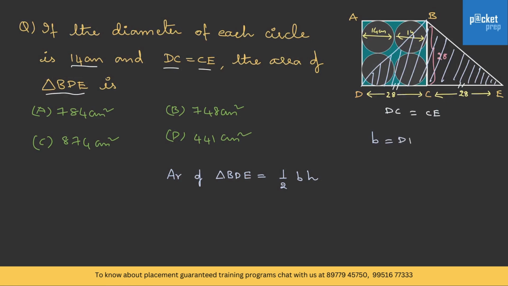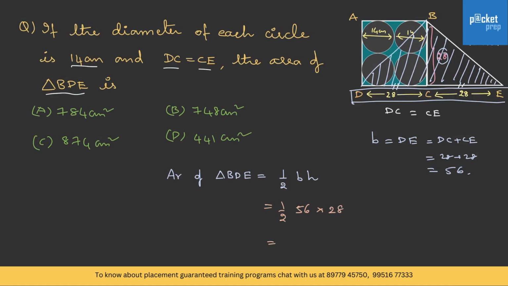Base is DE, that is the length from here till here, and clearly you can see this is DC plus CE, that is 28 plus 28, that is 56. What about the height? Height is over here, h is 28. So when I substitute these values, this is half into 56 into 28, that is 784 centimeters square.